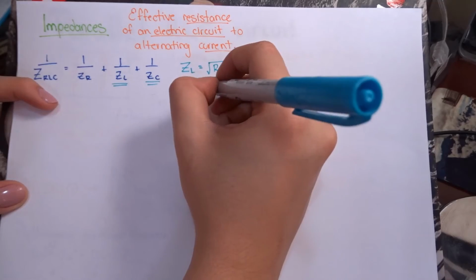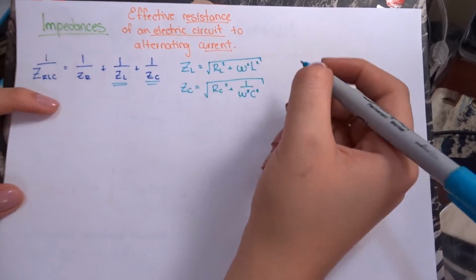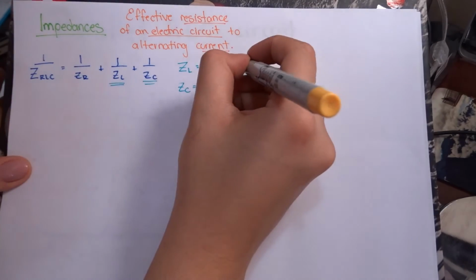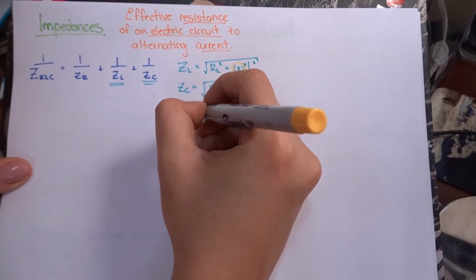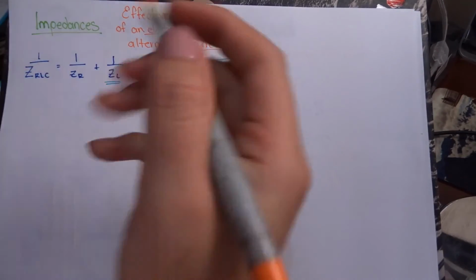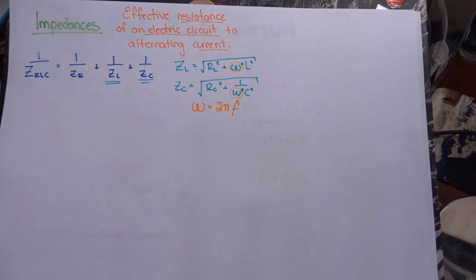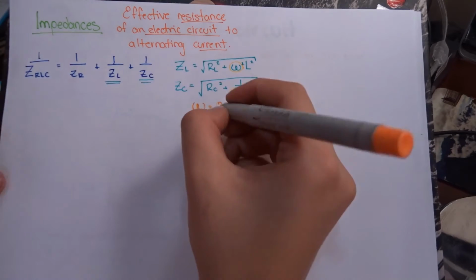The impedance of the inductor can be described with this formula. So can the impedance of the capacitor. But what does this weird W, which is actually an omega, mean? It equals 2 pi times the frequency, and this is usually called the resonance frequency.